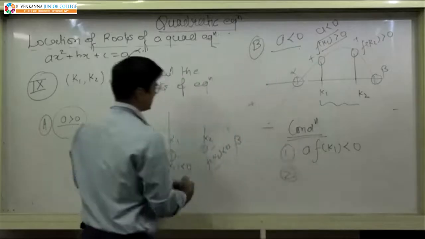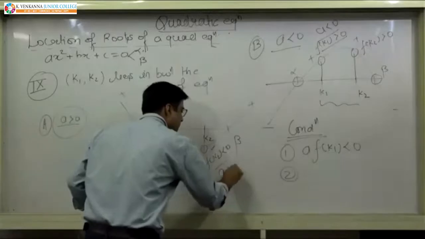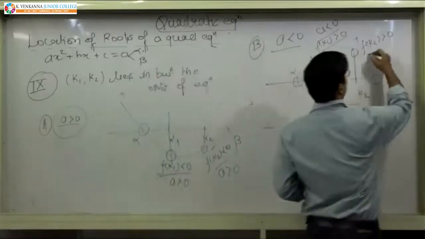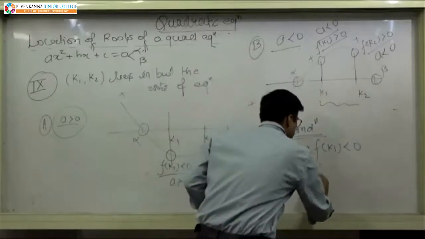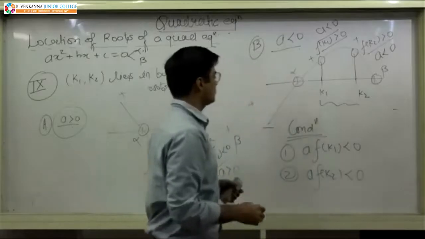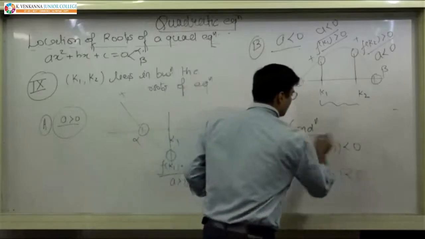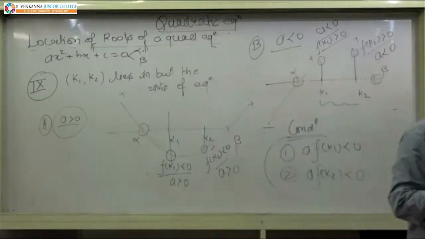Second, same for f of K2 also. F of K2 is negative when A is positive. F of K2 is positive when A is negative. So A times f of K2 is negative. These two conditions are enough for the interval to lie between the roots.